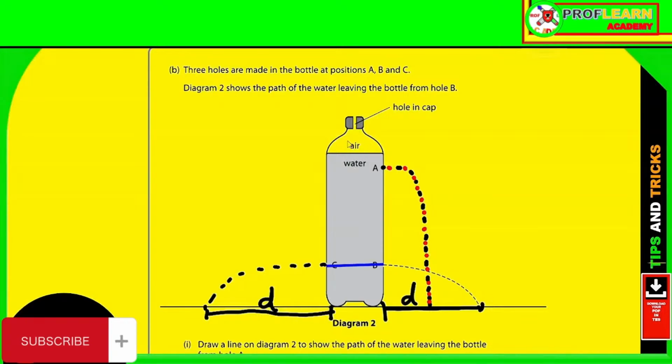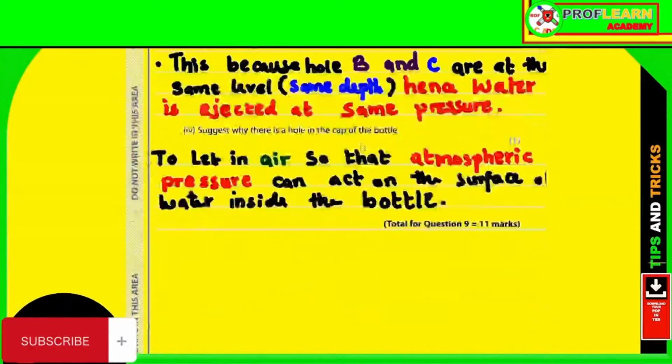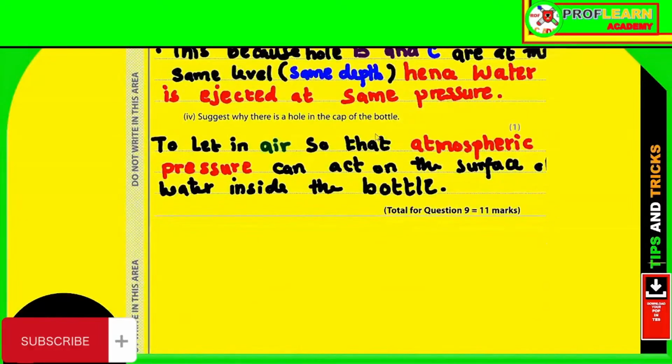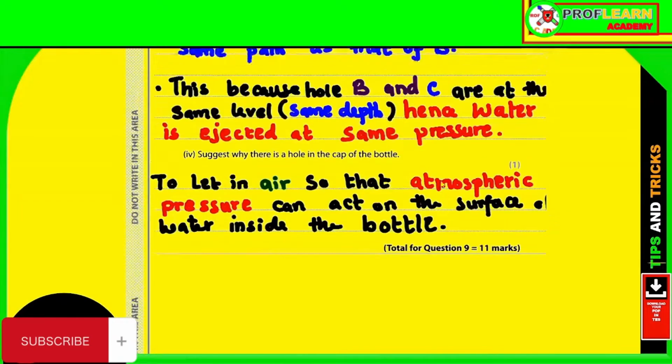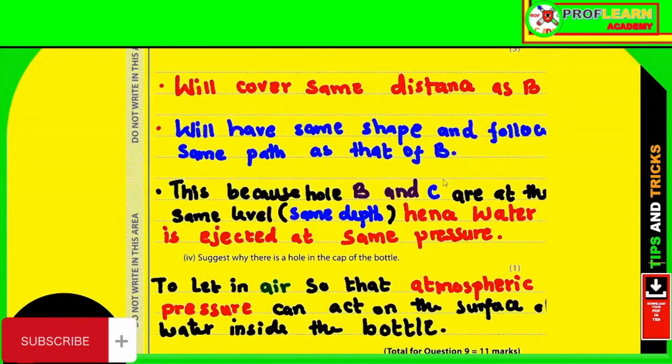And of course, atmospheric pressure will be acting on the surface of the liquid. This is atmospheric pressure. So for that reason, the hole lets in air so that atmospheric pressure can act on the surface of the water inside the bottle. When that happens, the liquid is able to come out.